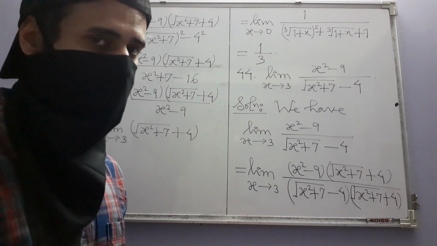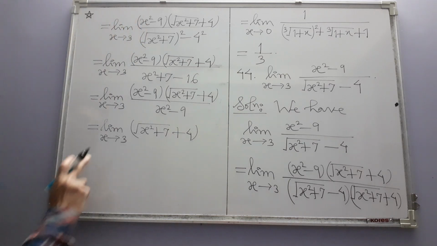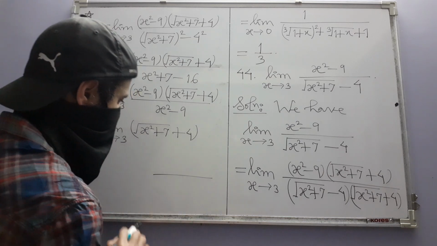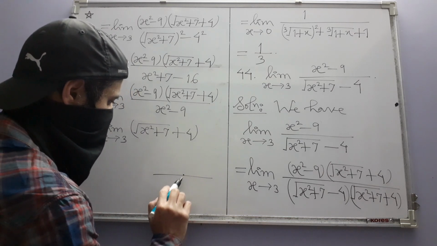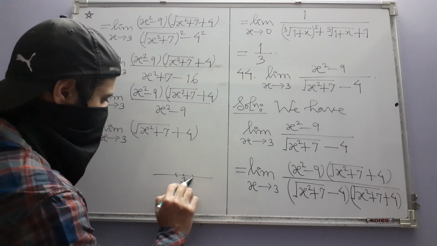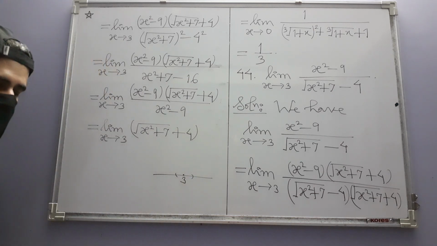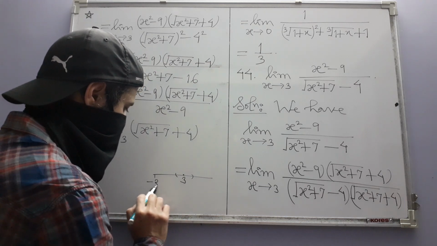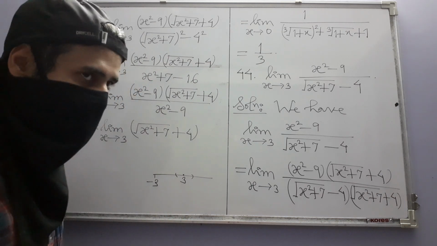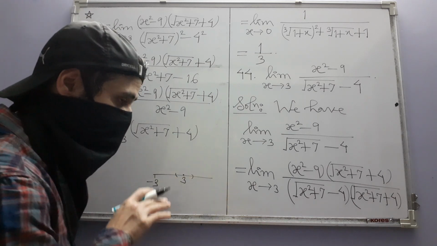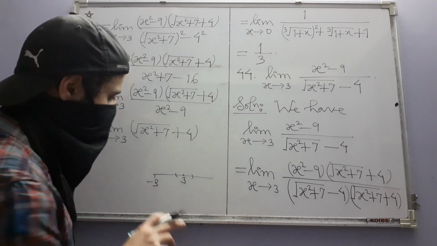That possibility is there. But usually when we are talking about limit, the thing is like this. So this is your 3. So your x is very close to 3. So that minus 3, which is somewhat far away from 3, can always be avoided because x is getting closer and closer to 3.